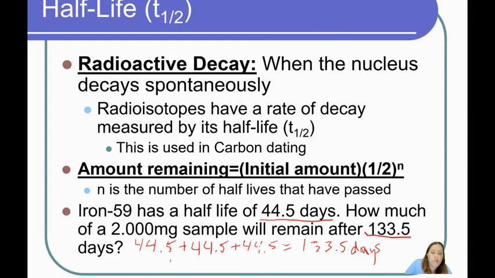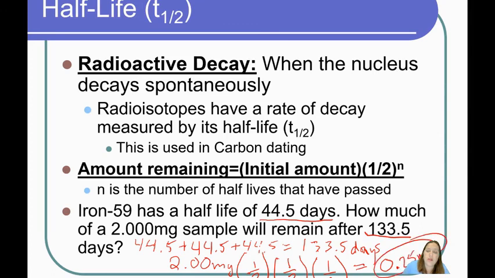So 2.00 milligrams times 1/2 times 1/2 times 1/2. Okay, so you're going to go from 2 to 1, 1 to 0.5, 0.5 to 0.25. So we're going to have 0.25 milligrams left after 133.5 days.